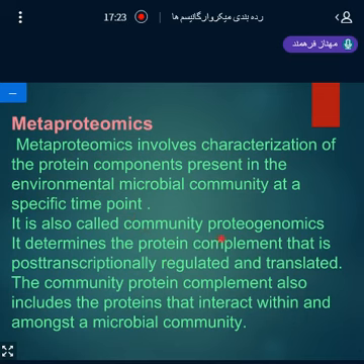This technique is called proteogenomics or metaproteomics, and it is very important that it determines the protein complement. Please note, the protein complement that is post-transcriptionally regulated and translated.